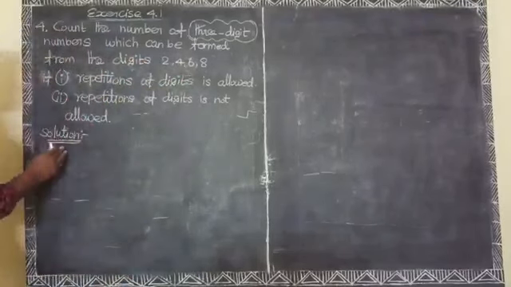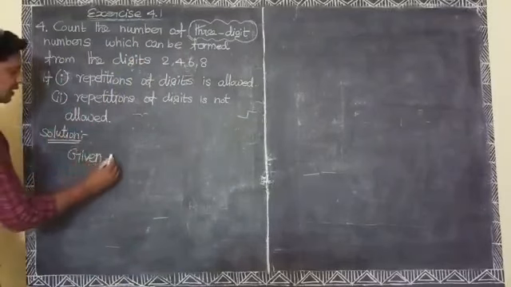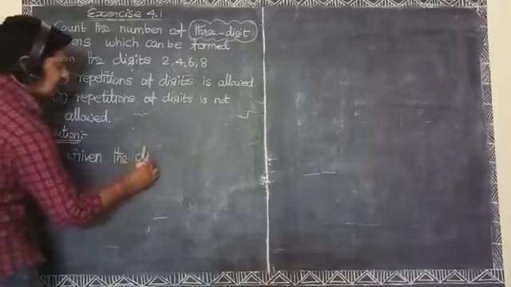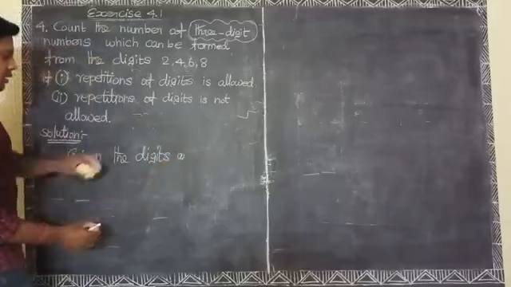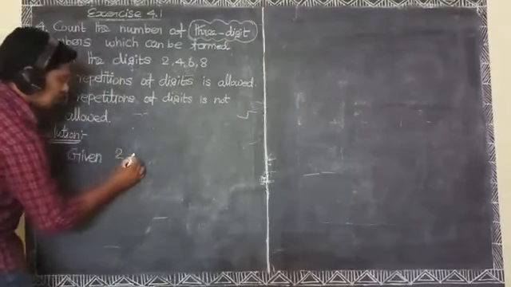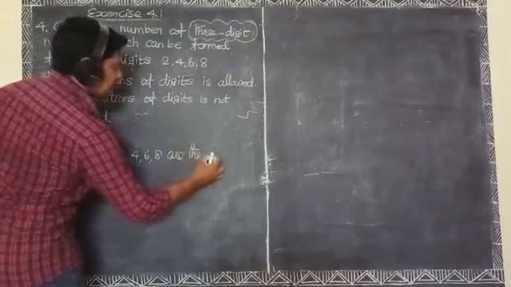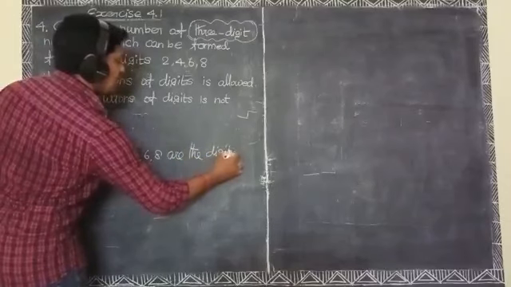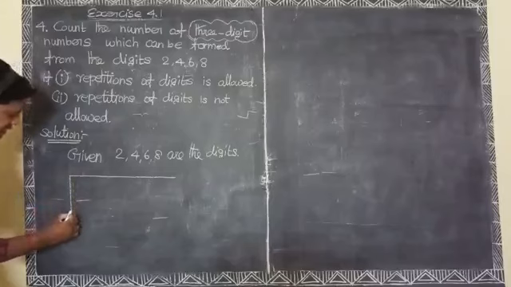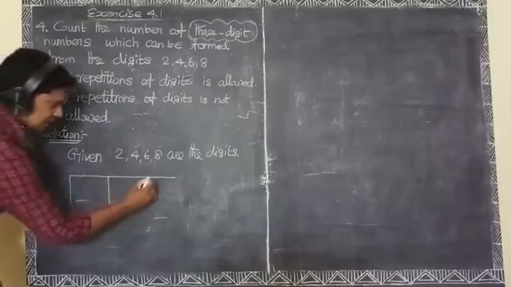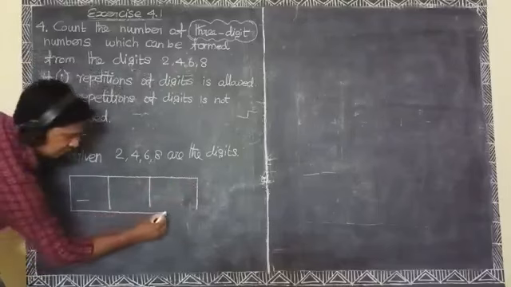Solution: the given digits are 2, 4, 6, 8. We can form different 3-digit numbers. 3-digit numbers means using 3 boxes.